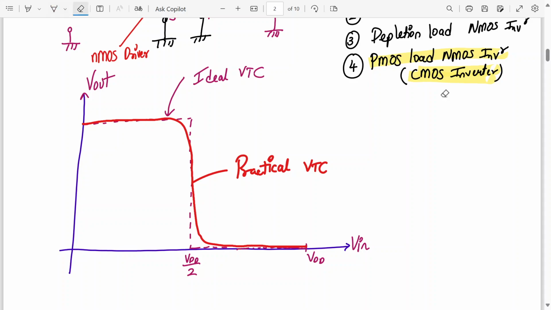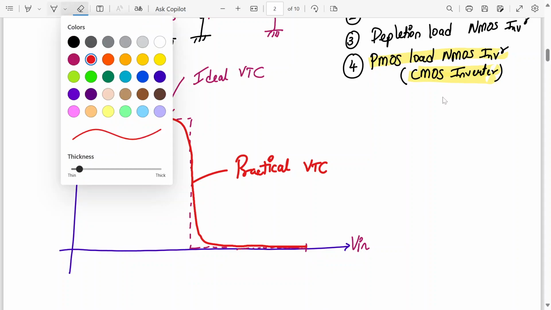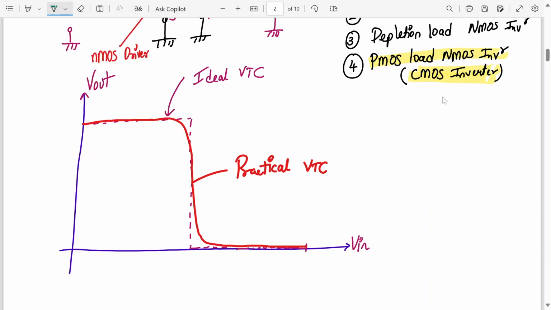Let me not write this VDD by 2, these are ideal values. Now here I will define certain things, so pay attention. Are we ready? So we are drawing this for a generalized NMOS inverter, which I am drawing again for your reference.